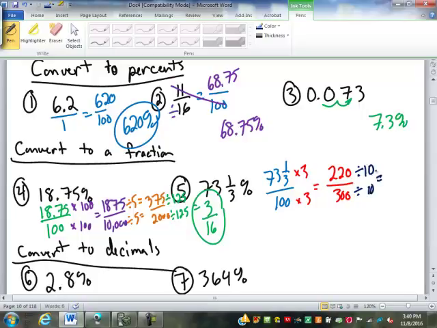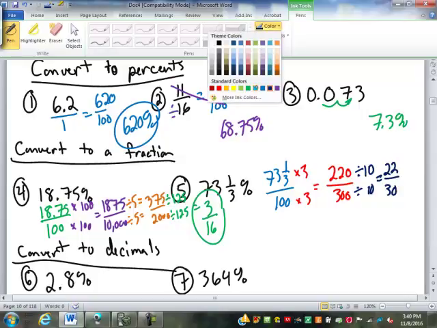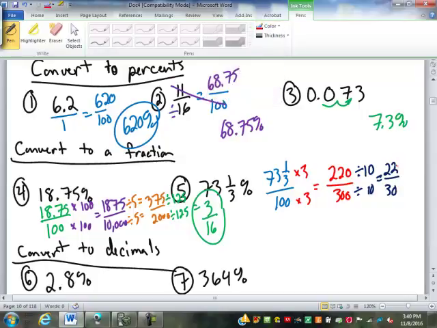I just didn't feel like dividing by 5. You could have divided by 5 and then by 2. You get 22 and 30. We can still divide by 2. They're both even. So 11/15. 73 1/3% is 11/15.